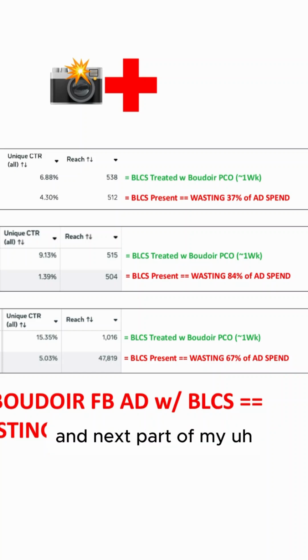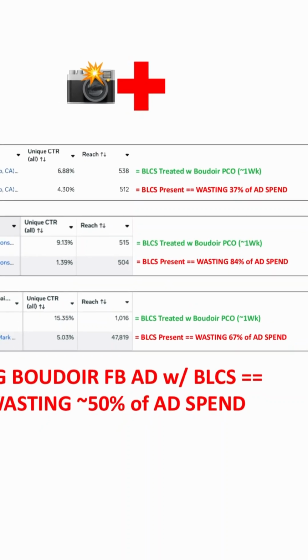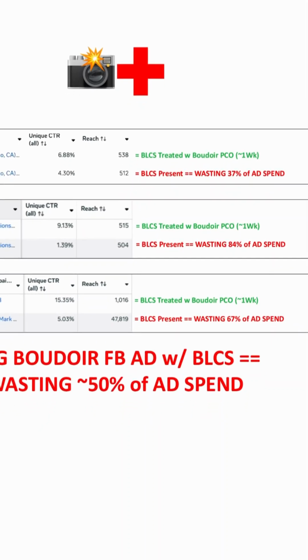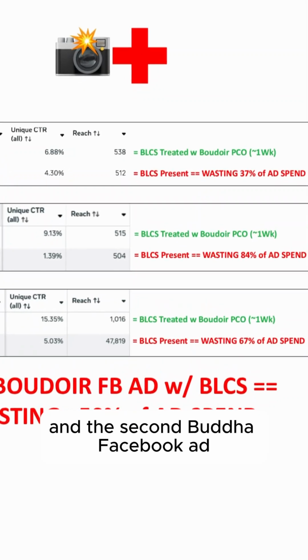Next part of my residency, the second Boudoir Facebook ad.